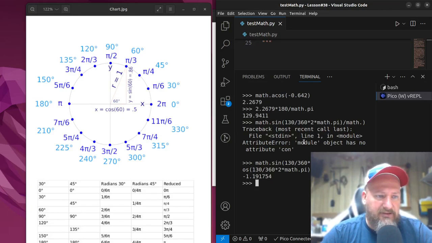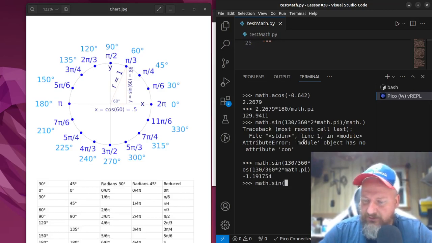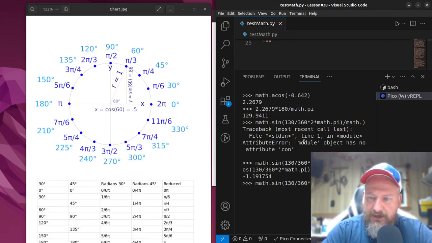And let's take this and figure out our radius to do another way to do our slope, to do our tangent formula. So to know what our radiant is, we're going to do math dot, let's do the y, sine times 130 divided by 360 times 2 times math.pi, and that gives us a value of 0.7660444.